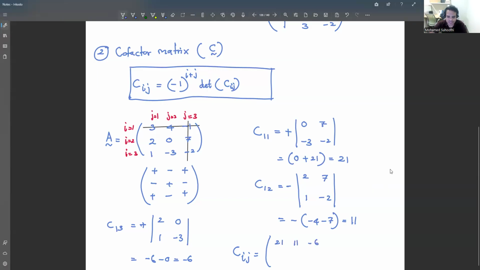This first row I have calculated. Second row you can check: 11, minus 5, 13, 28, minus 23, and minus 8, right? So this will be the answer for this cofactor matrix.